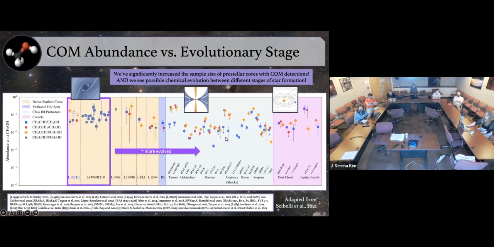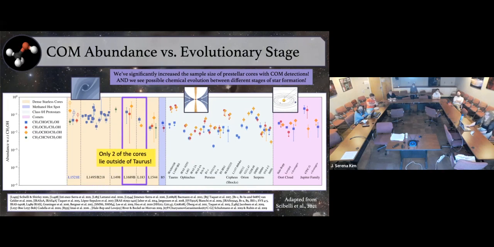But this leads again to another question that I had. Only 2 of these cores are outside of the Taurus Molecular Cloud. So I wanted to know, does this trend occur in different environments? What if we look outside of Taurus?